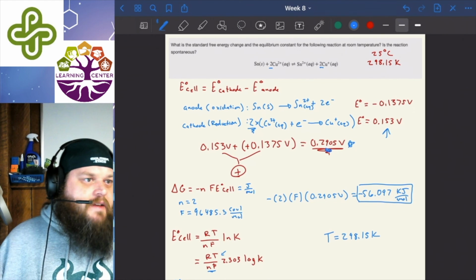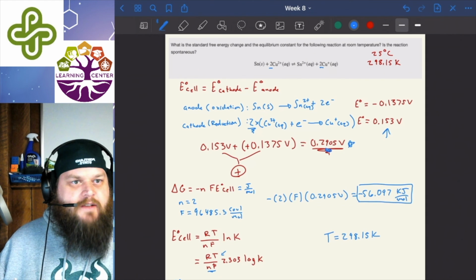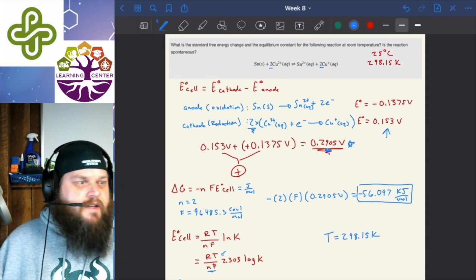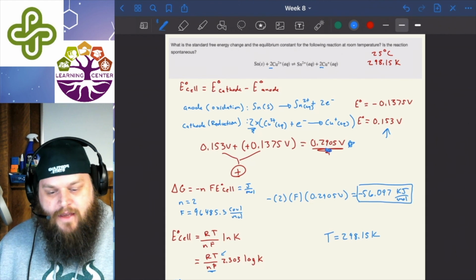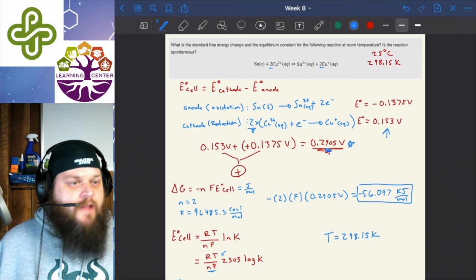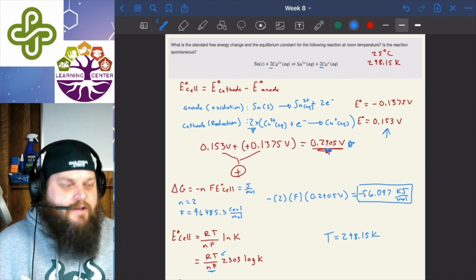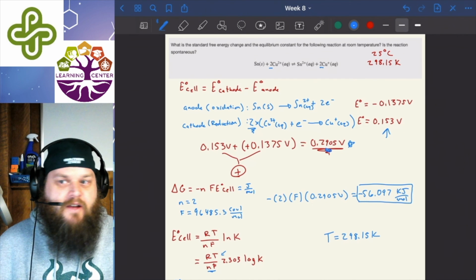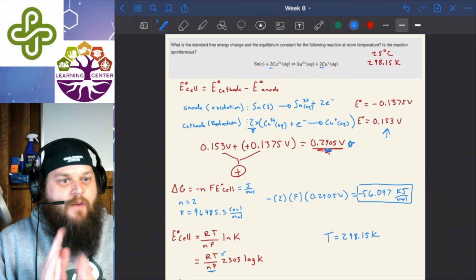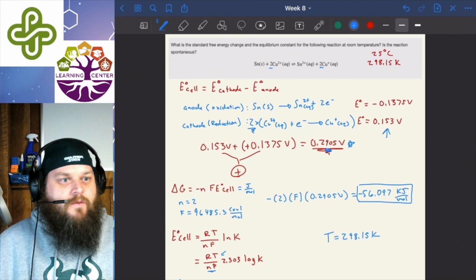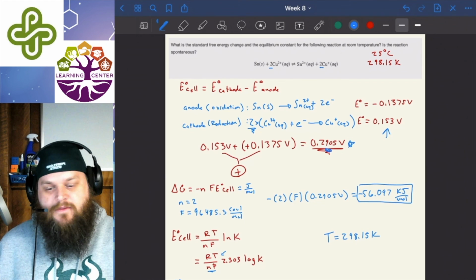Again, that's going to be Appendix L in your textbook, the OpenStax Chemistry 2e textbook, which gives you all of those tabulated voltage parameters. Those voltage potentials are all related to the standard hydrogen electrode, which is at 0 volts. So everything relates to that, and we're using that relationship to find the potential difference between the anodes and cathodes of our reactions.